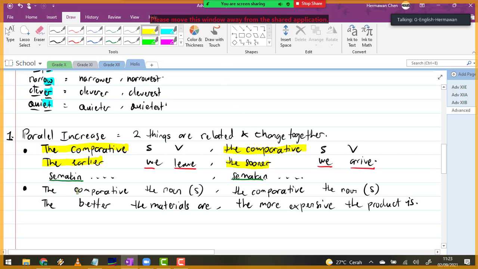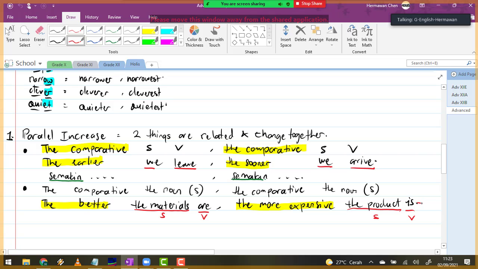Have a look. The better is the comparative. The materials is the subject, are is the verb. The more expensive is the comparative. The product is the subject, is the verb.